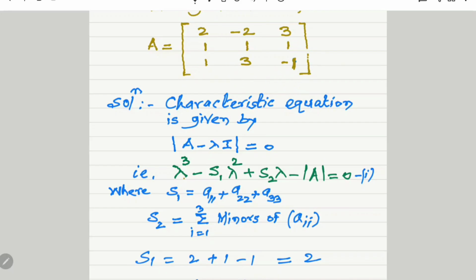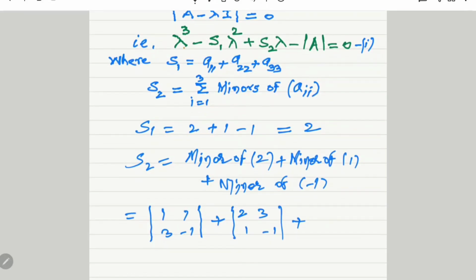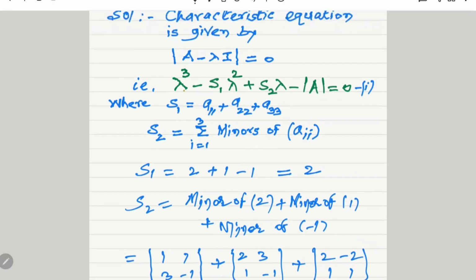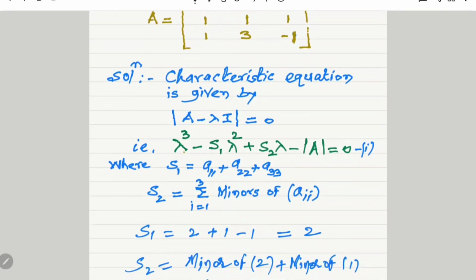The remaining elements are 2 minus 2 1 1.